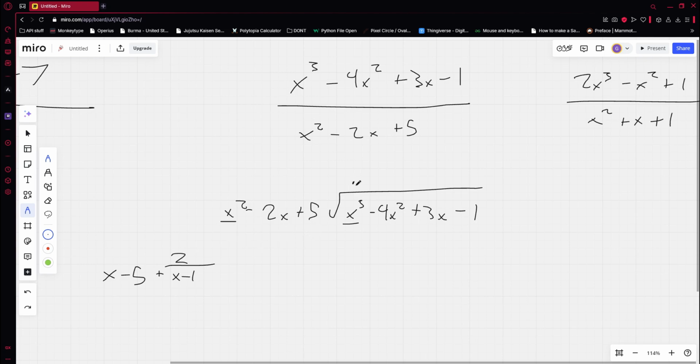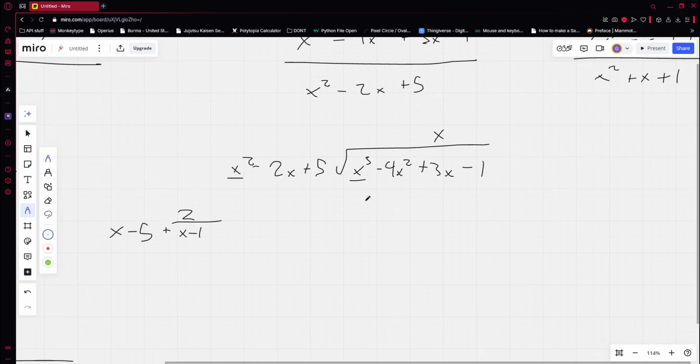So we're going to go 1, 2, 3. And now we're going to do it here, x. So we have minus x cubed, and then what's x times negative 2x? That's negative 2x squared. What's x times 5? Plus 5x.